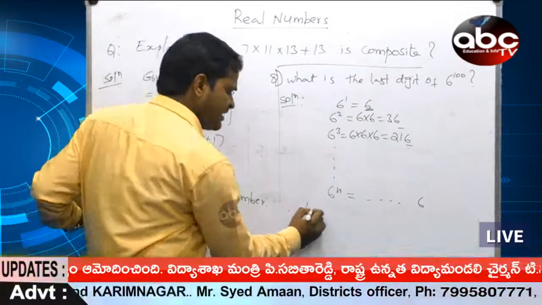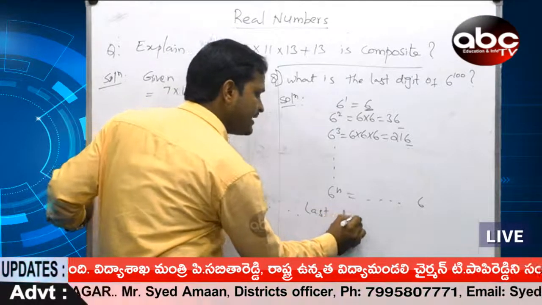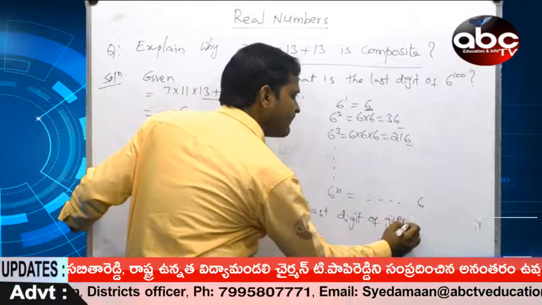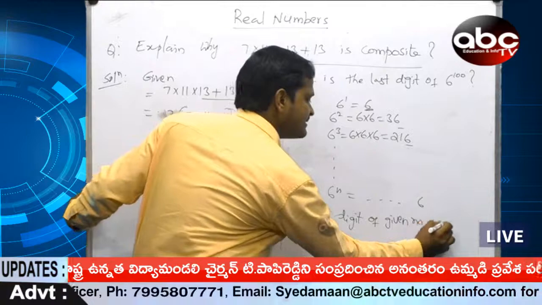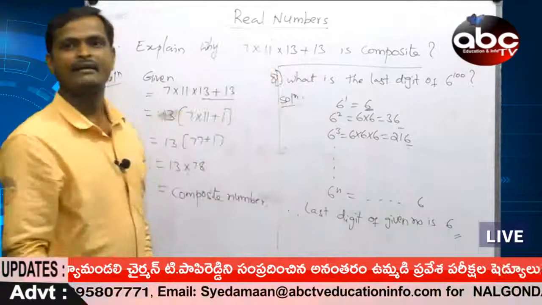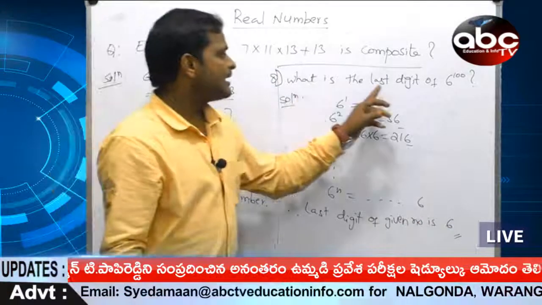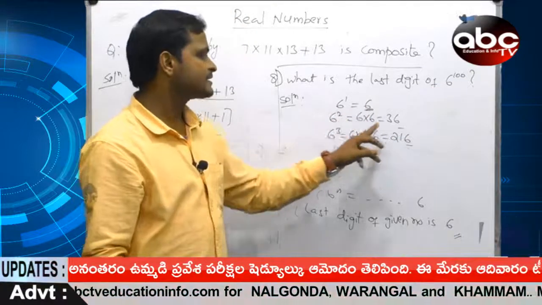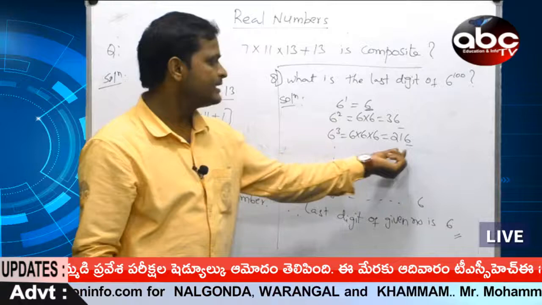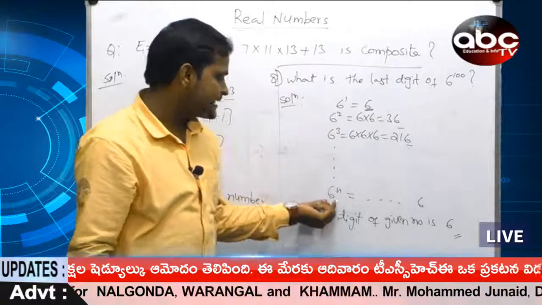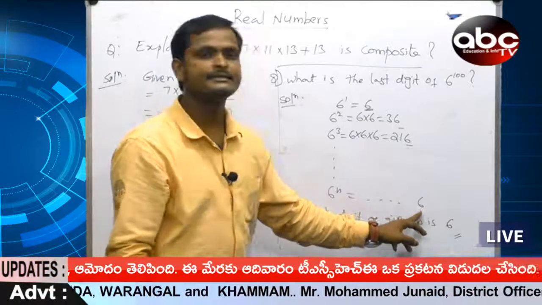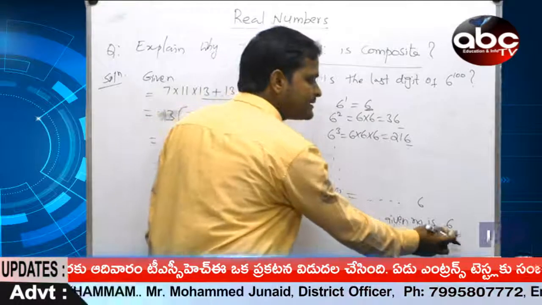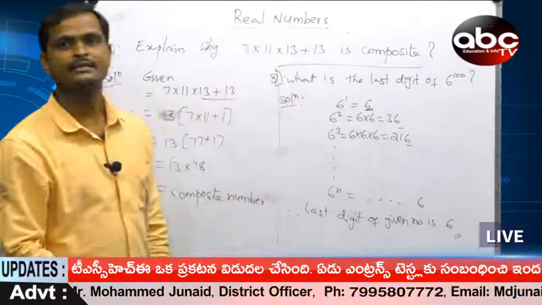Therefore, the last digit of the given number is 6. Is it clear students? Very simple. We know that 6 power 1 is 6, 6 square is 36, 6 power 3 is 216. Like this, 6 power n has last digit 6.